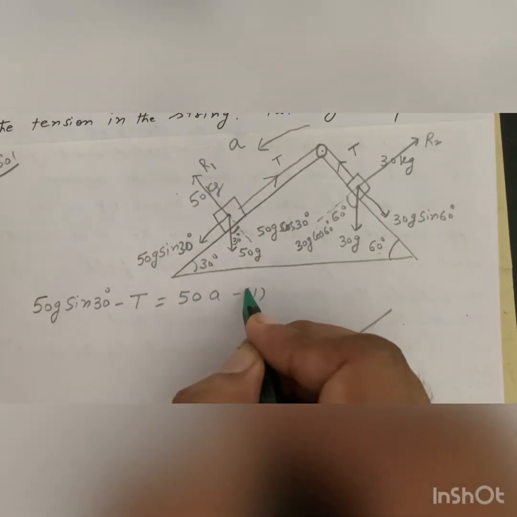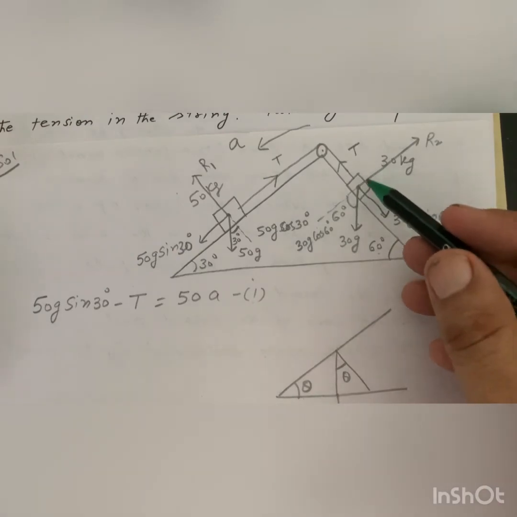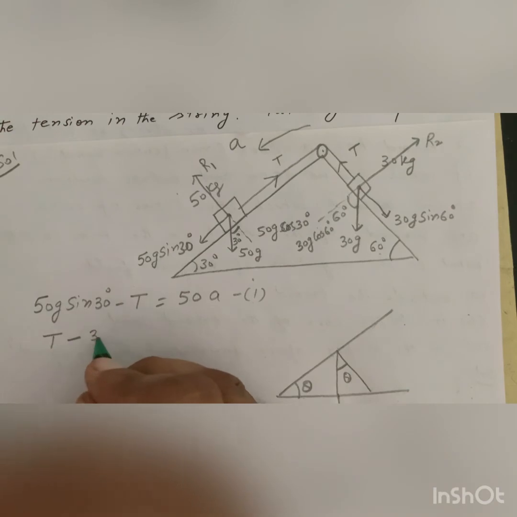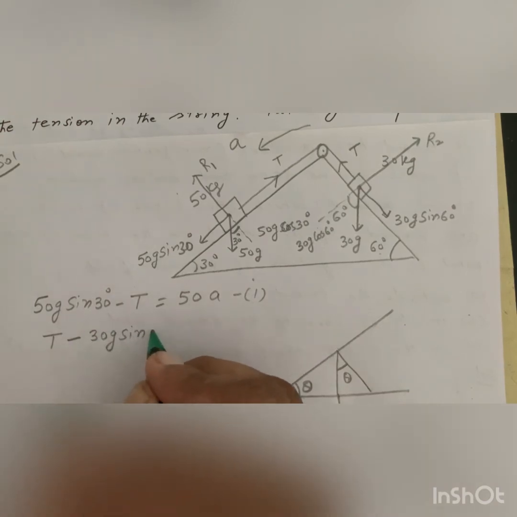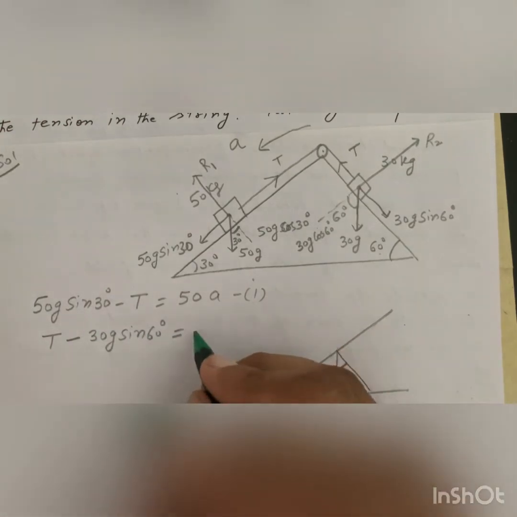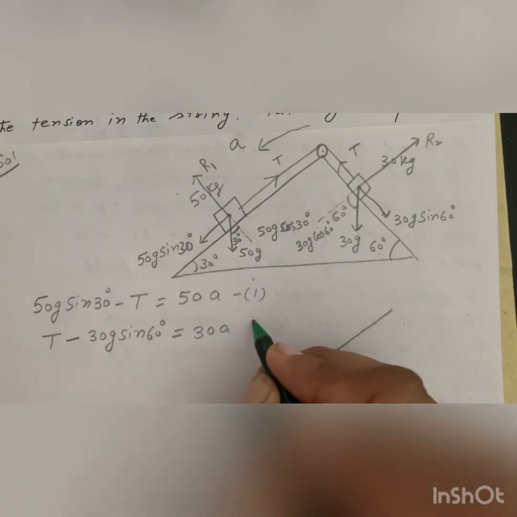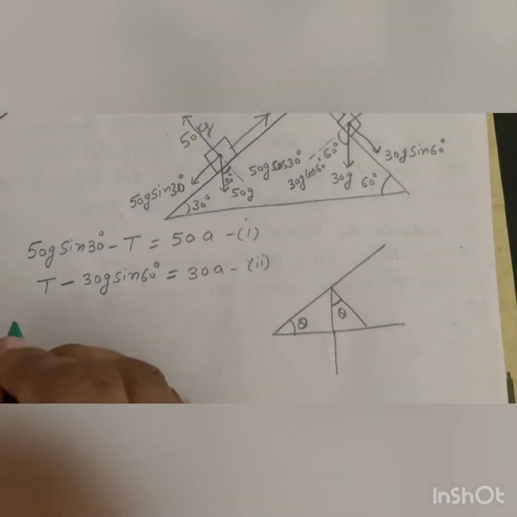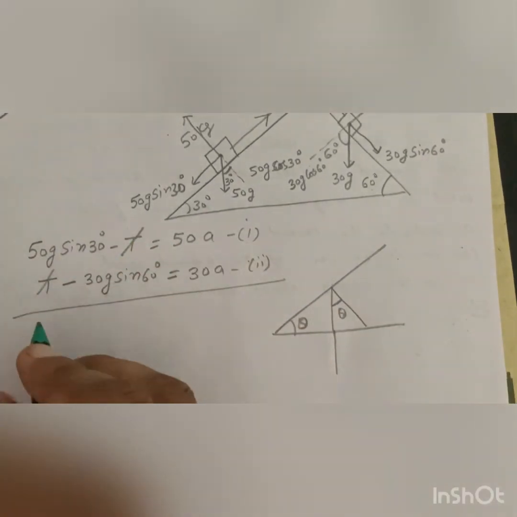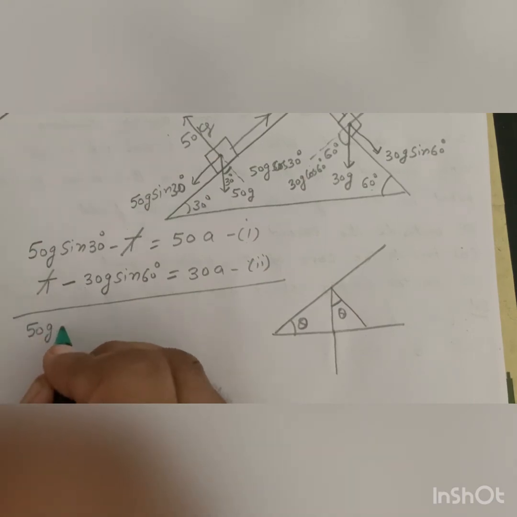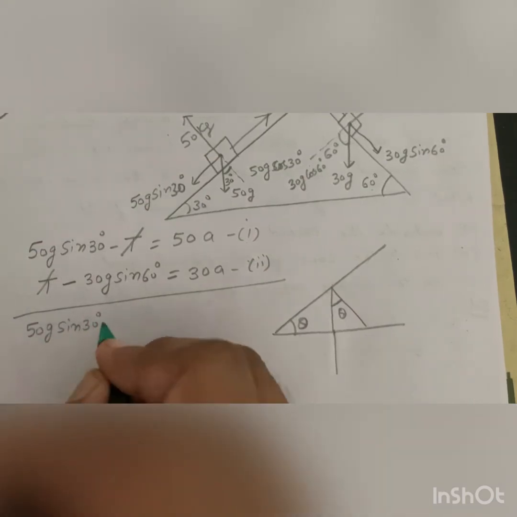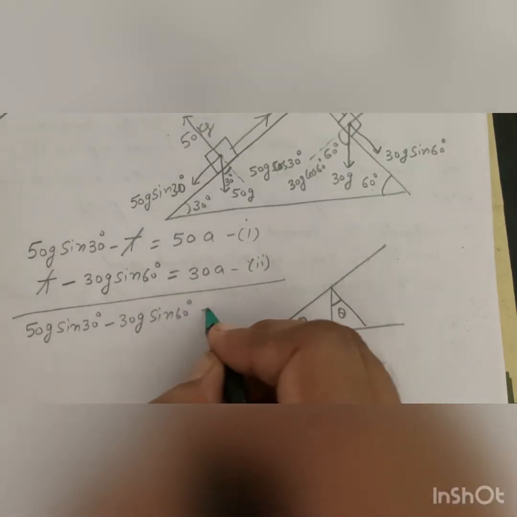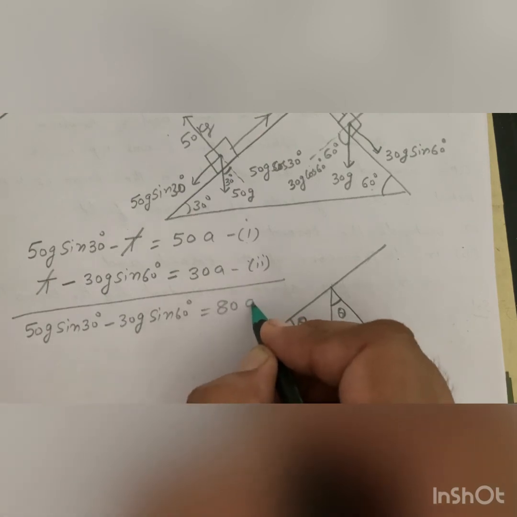This is equation 1, and for this we have T is more here, so T minus 30 G sine 60 degree equal to mass into acceleration. Say this equation second. Adding first and second, T cancels, we have 50 G sine 30 degree minus 30 G sine 60 degree equal to 80 A.